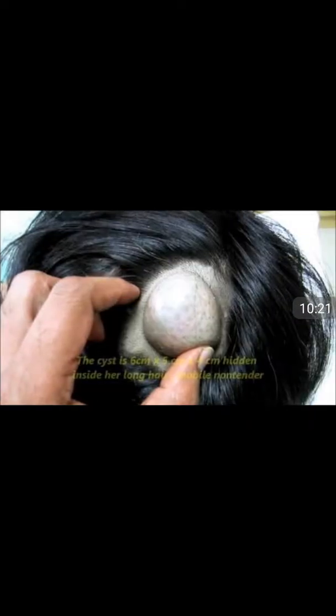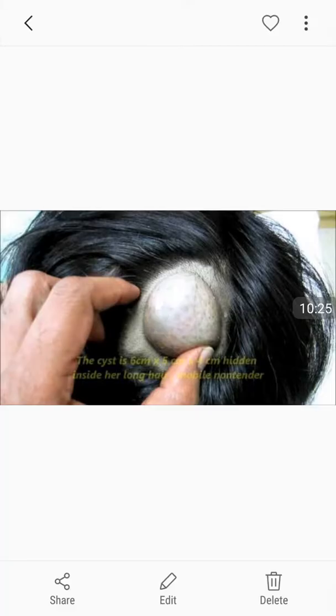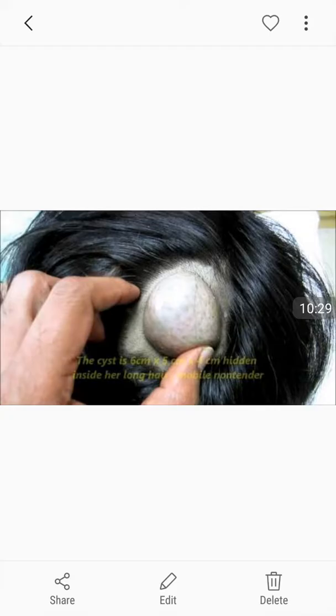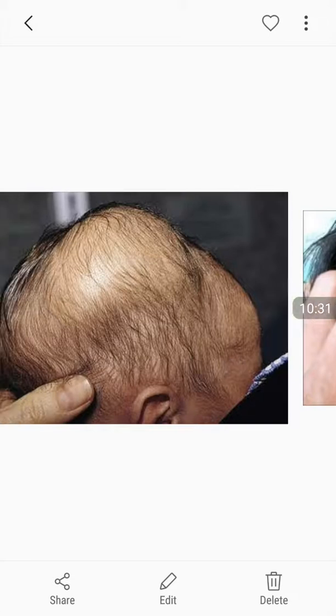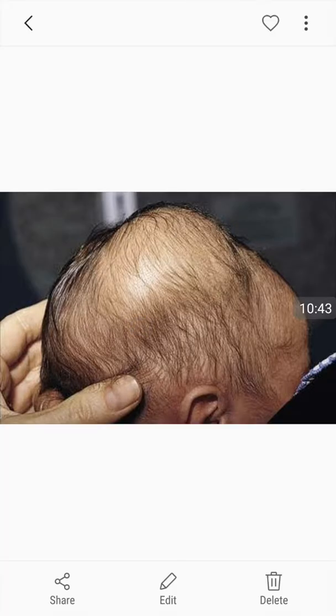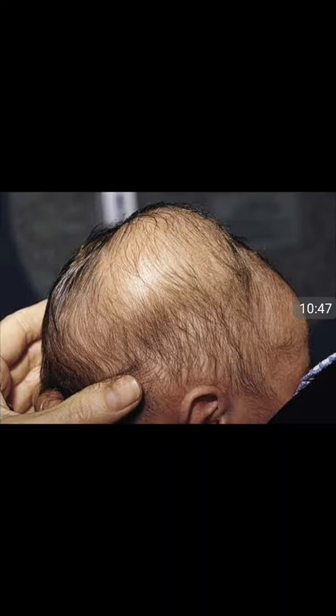So this is the sebaceous cyst. This sebaceous cyst actually develops within the skin of the scalp. And this condition is called cephalohematoma. During delivery, after application of the vacuum delivery or forceps, the baby develops a swelling on the head.